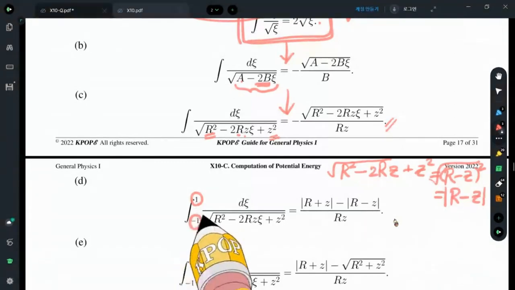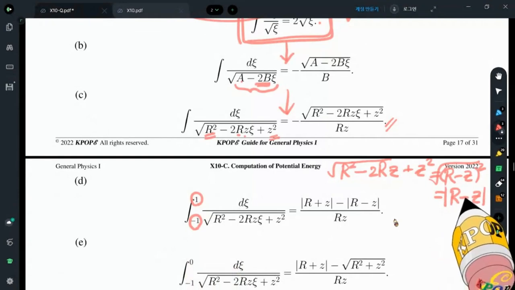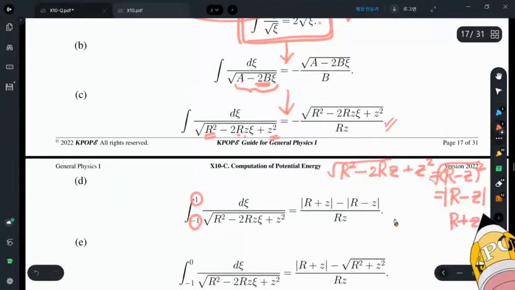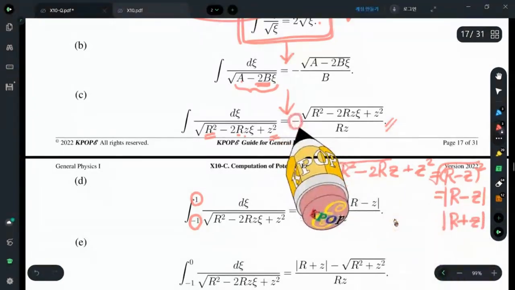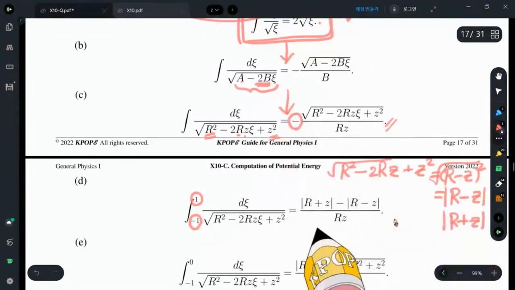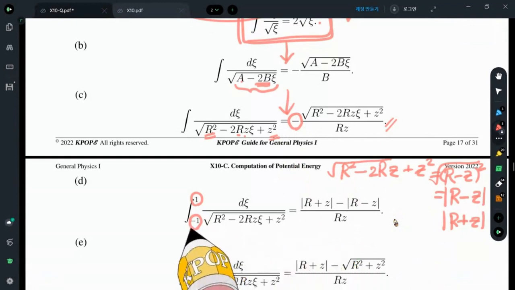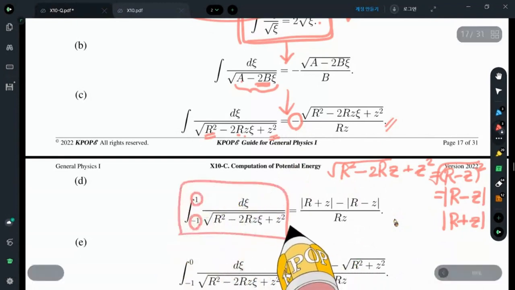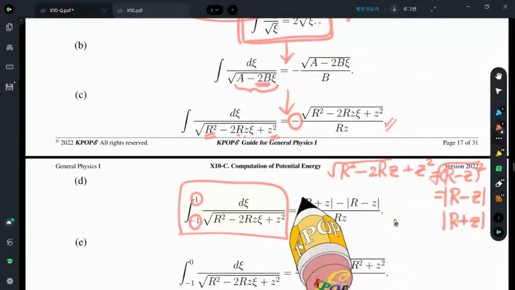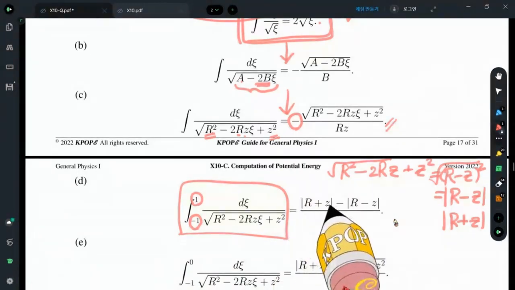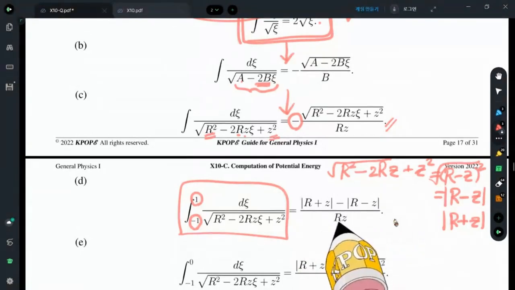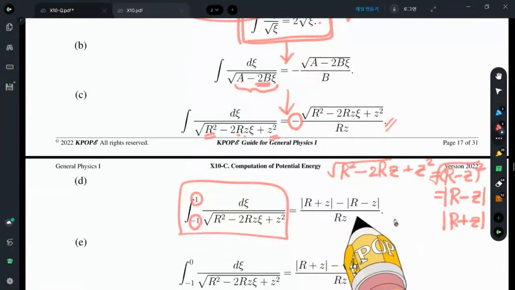If I substitute minus 1, what I would get is just to replace this negative sign with a positive sign. Because there is a negative sign in front of it, our final result is this: the integral looks very complicated, but the final result is trivial. Absolute value of R plus Z minus absolute value of R minus Z, divided by RZ.